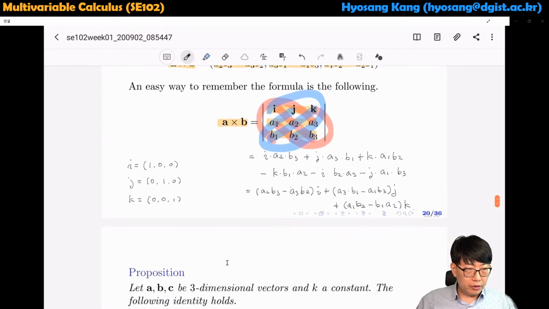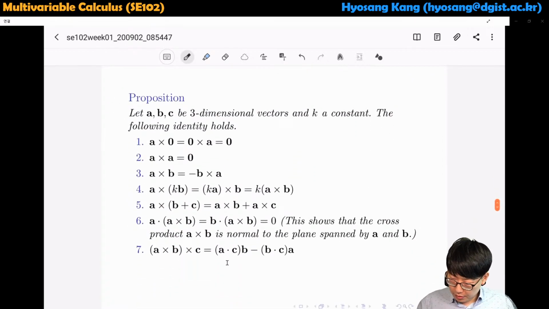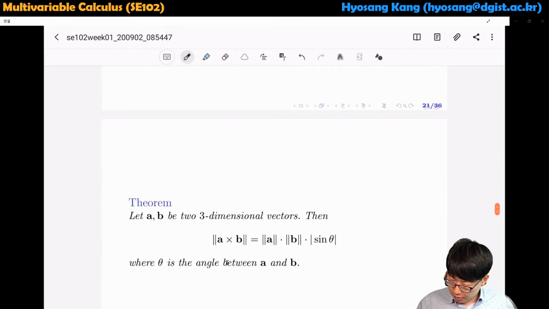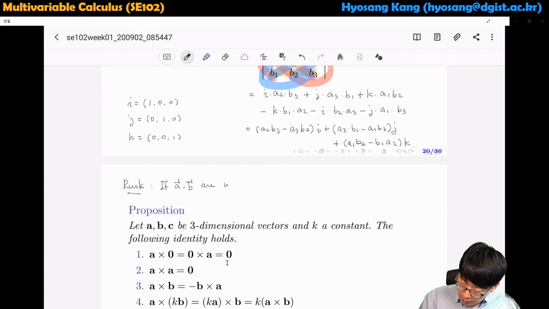So what's the meaning of this cross product? First of all, let me write a remark. If vector A and vector B are not parallel, then A times B is in the normal direction.